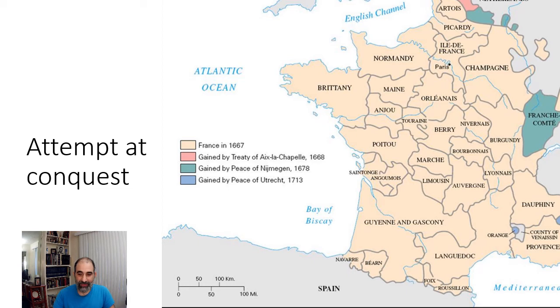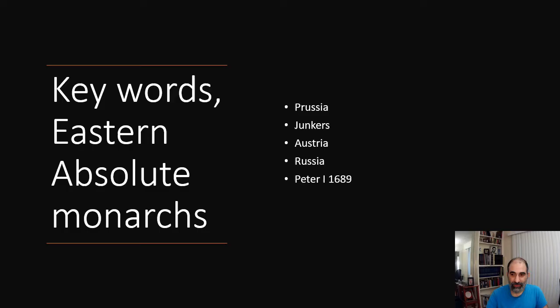Okay? All right, so let's move on, and then, just a little quick separate topic, but I'll just include it in the same lecture here. So keywords, Eastern absolutism. You can go ahead and jot all these down. There's only one guy I'm going to talk about. Again, I do this briefly because there's a lot of good information in your textbook on it, but I do want you to know about this at least a little bit.